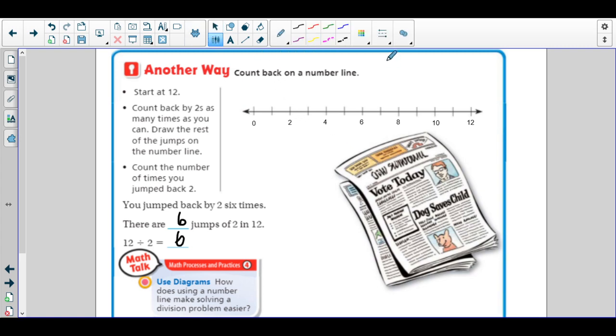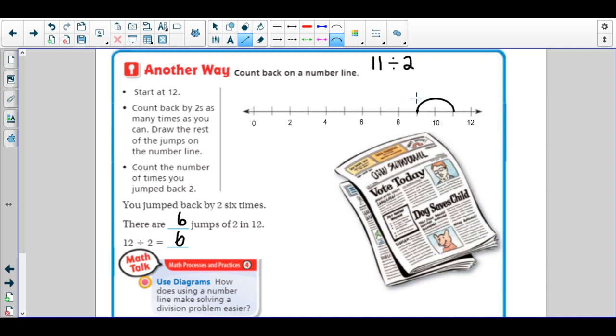But let's just say, for example, that we're going to start at 11. Okay, we want to know 11 divided by 2. So we'll start here at 11 and we're going to make jumps of 2.